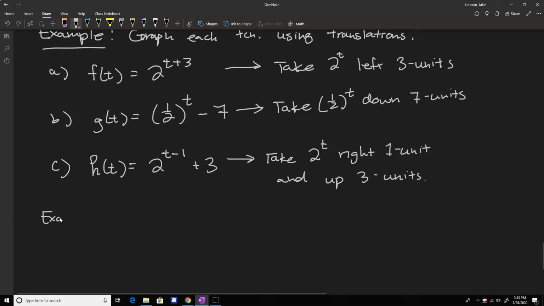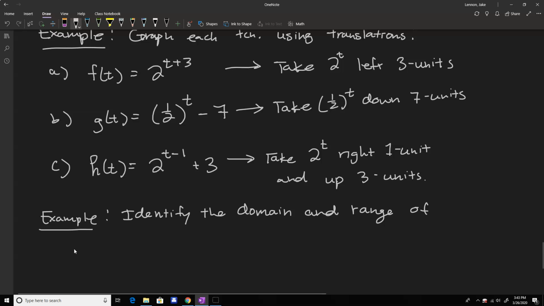So example, let's say identify the domain and range of our third example there, h of t equals 2 raised to the t minus 1 plus 3.